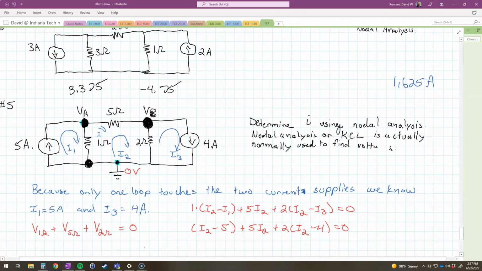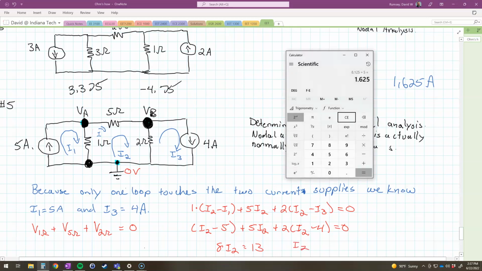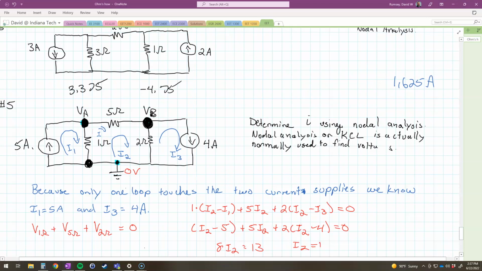And so this would be 8 I2 is equal to 13. And so this would get me I2, pulling out my trusty calculator, 13 divided by 8, which is, of course, 1.625. And you better believe we should get the exact same answer, which is why I took a second before moving on, because I wanted to double check all my work to make sure I didn't make a stupid arithmetic mistake, which I'm prone to doing.